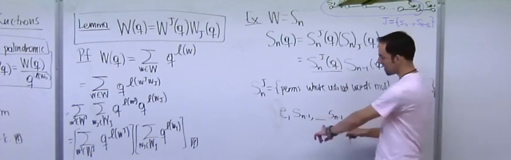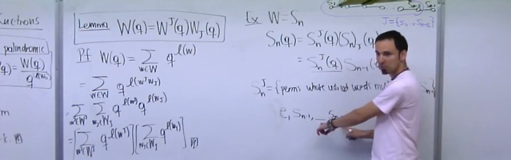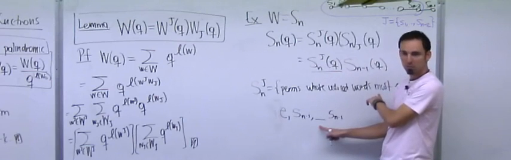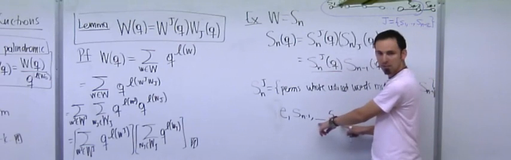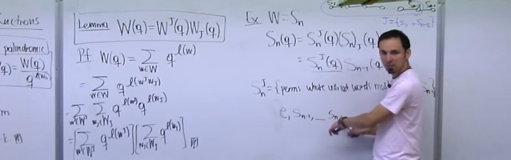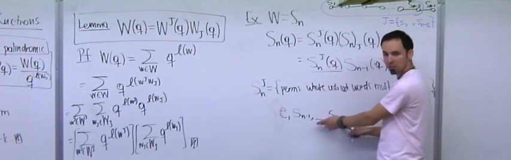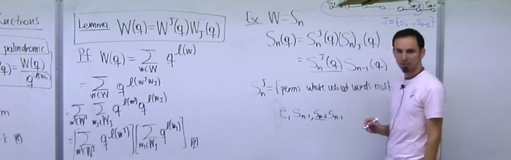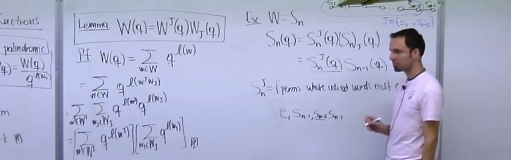The reason is that Sn minus 3 and Sn minus 1 commute, and if they commute, then I can switch them and make a word that doesn't end in Sn minus 1. The same is true for Sn minus 4 and so on. The only generator that doesn't commute with Sn minus 1 is Sn minus 2, so that's the only one that I can put here. So this is the only thing that I have of length 2.